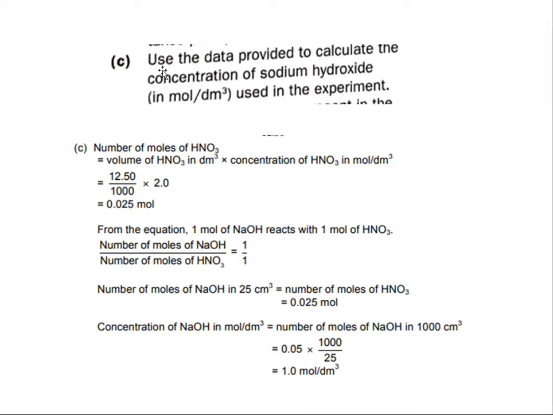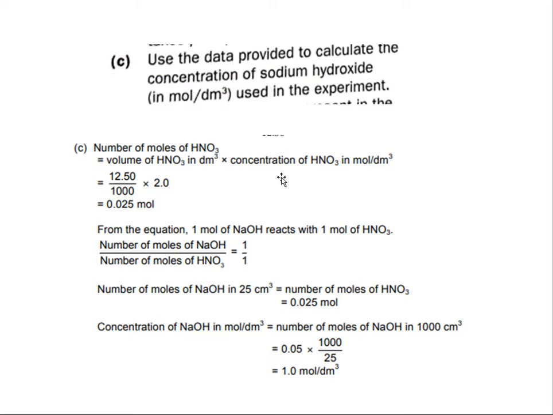Moving ahead, part C says, use the data provided to calculate the concentration of sodium hydroxide in moles per decimeter cube. So now you need to find the number of moles and volume. The volume of nitric acid in decimeter cube multiplied by the concentration will give you the number of moles, because concentration is moles per decimeter cube.